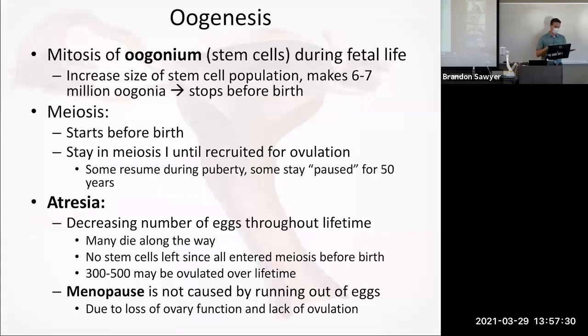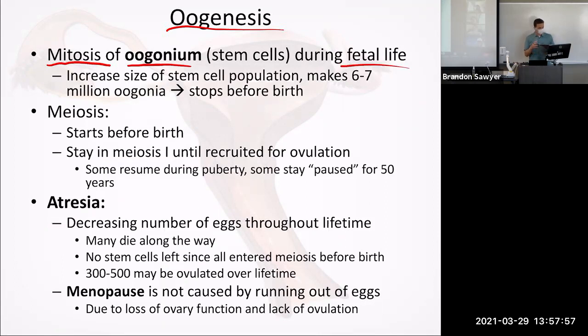All right, so let's talk a little bit about the process of the development of the eggs. Just like we talked about spermatogenesis, we have oogenesis here in females. The mitosis part is when we're adding more cells that are going to stay there, and mitosis of these stem cells, the oogonium cells, only occurs during fetal life.